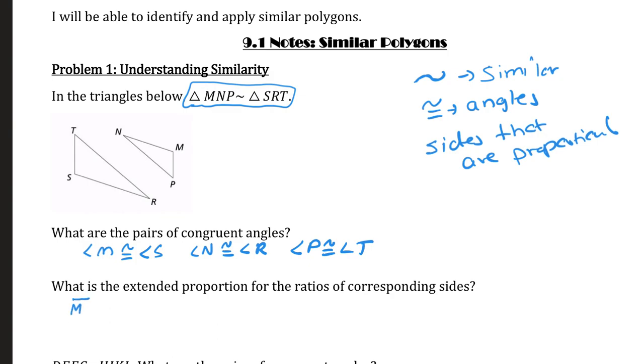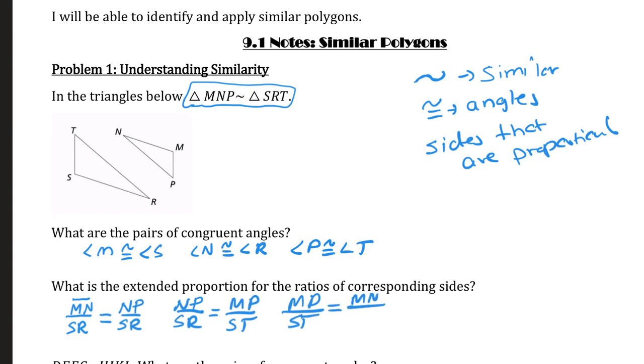We can say MN over SR is proportional, or equal, to NP over SR. We can also say NP to SR is equal to MP over ST. And we can also say MP to ST is equal to MN over SR.